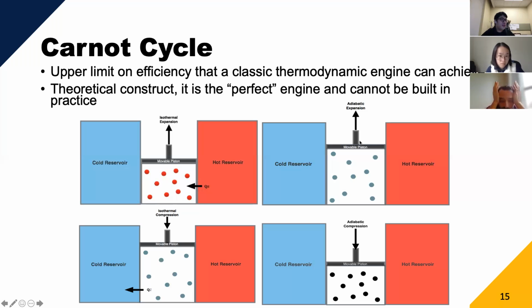You have adiabatic expansion here, and then it returns back to the initial state as you have heat leaving this chamber into your cold reservoir.